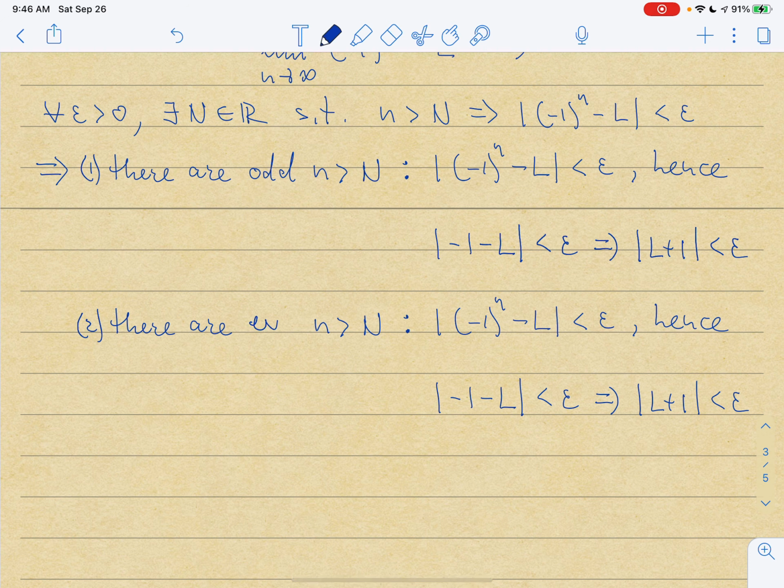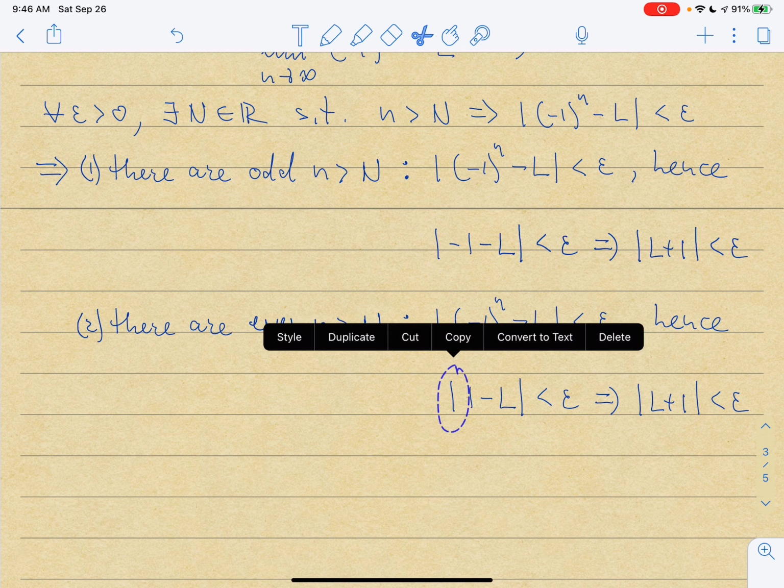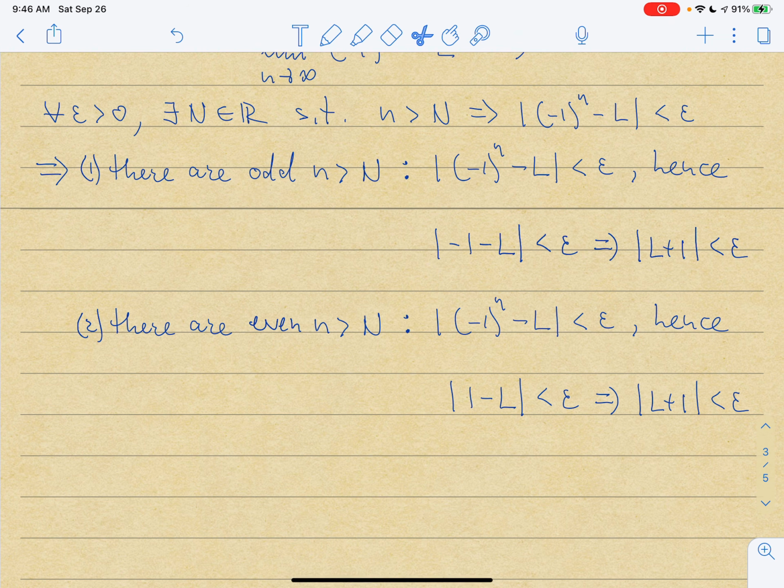So there are even numbers such that |-1 to the n minus L| is less than epsilon, and -1 to an even power is going to be just 1. So for even numbers we have this, and then 1 minus L or L minus 1 is the same thing.